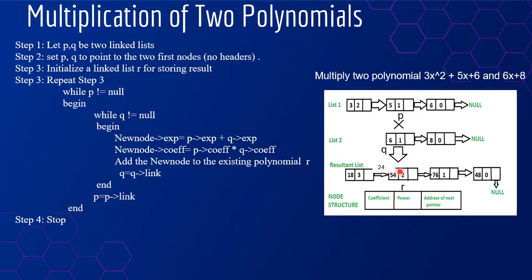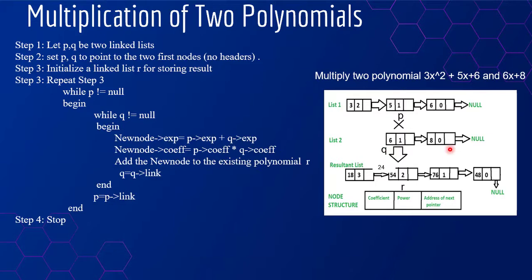Since the exponents are the same, 2 and 2, we have to add the coefficients. So 30 is added to 24, and it is 54. So every time you get the product, you compare with the existing linked list, and if the exponents are similar, for that node you add that coefficient.